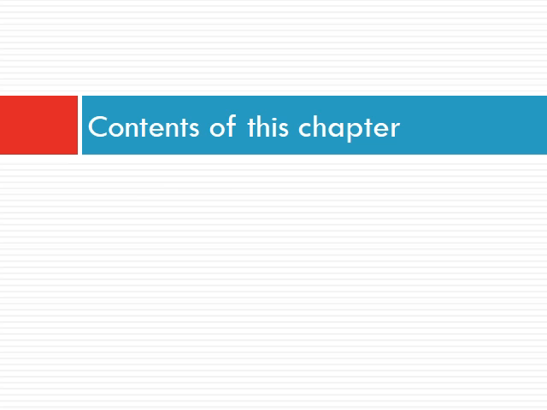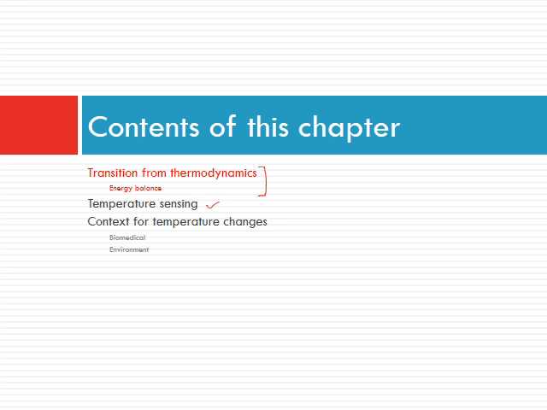So the contents of this chapter, as I said, it's basically a transition from thermodynamics, talk just a little bit about temperature sensing and what is the context of our study of this temperature change. How much changes happen in biomedical, how much happens in the environment.